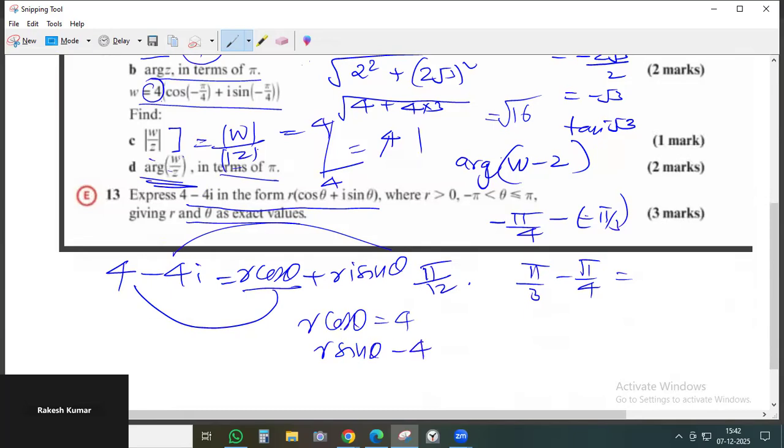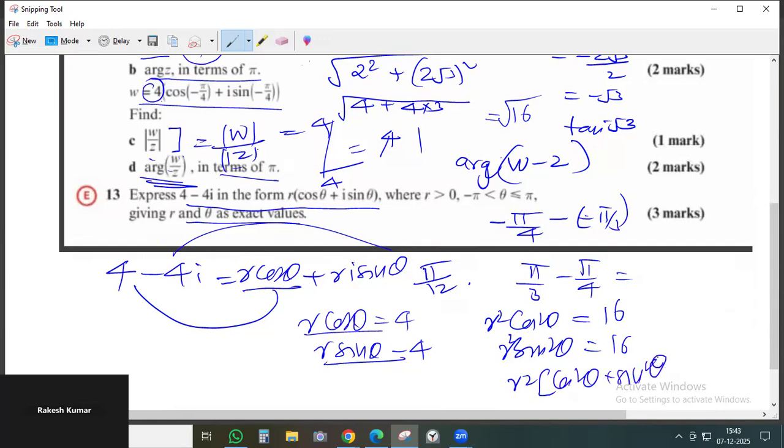So I need to find the value of r and theta. So I square them. So we get r square cos square theta is equal to 16 and r square sin square theta is equal to 16, and that means r square times cos square theta plus sin square theta, which is actually equal to 1, is 32. So r comes out to be root 32.